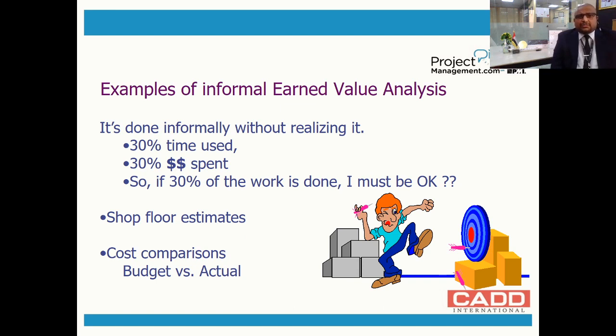So here is an example of informal earned value analysis: 30% of time used, 30% of money spent, 30% of work done. I must be okay. Yes. So it gives a comparison between the budgeted and actual. It's comparing how much percentage of work was planned and how much percentage of work is done.